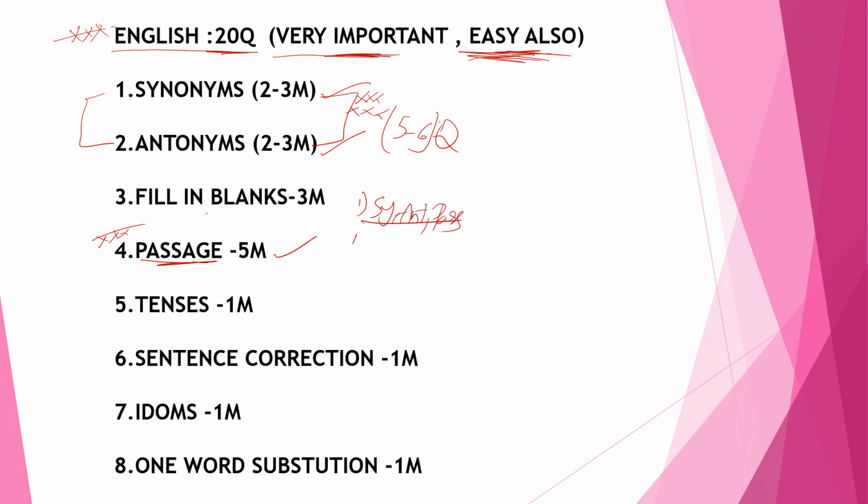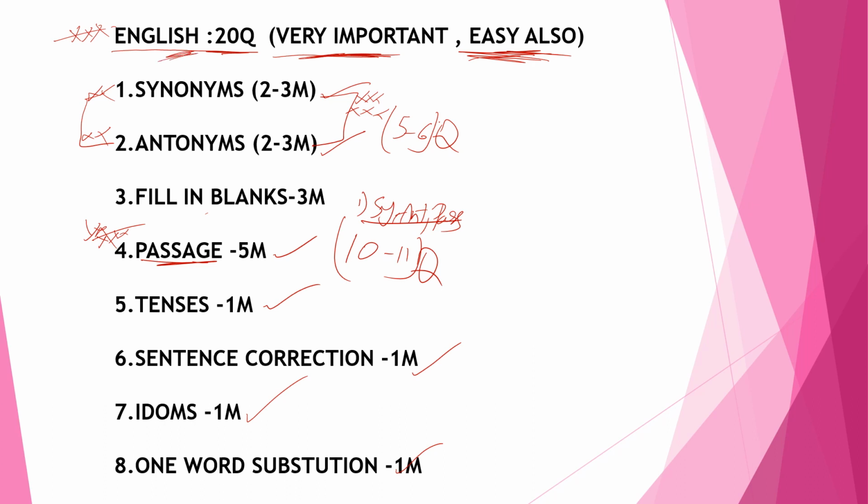Next, tenses 1 mark, sentence correction 1 mark, idioms 1 mark, one word substitution 1 mark. So the most important topics are synonyms, antonyms and passages. And you should not miss this English subject because it is very important.